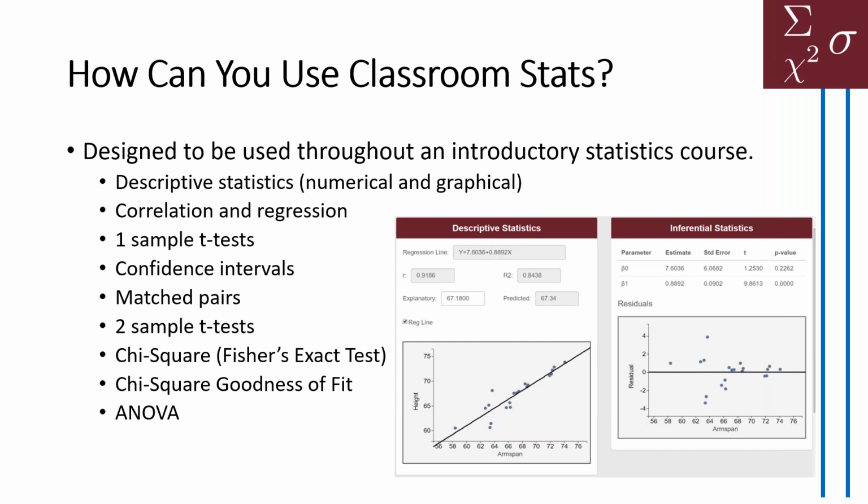I think it makes sense for the students, but they can see that well and see the regression side of things as well. 1 sample t-test, 2 sample t-tests. You've got matched pairs. All of these things are there. Confidence intervals, and then chi-squared and ANOVA. We don't get to do too much of that here at Roanoke towards the end, but last 3-4 days of intro stats, we at least touch base on this.